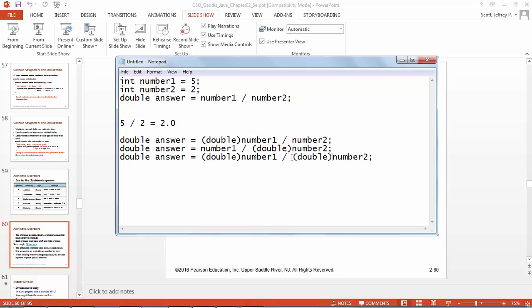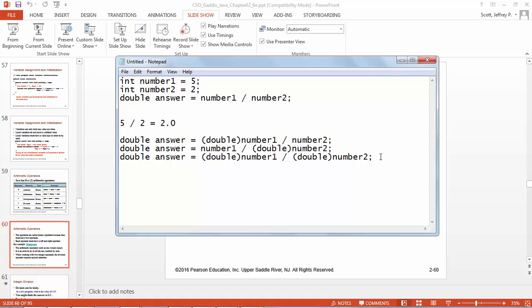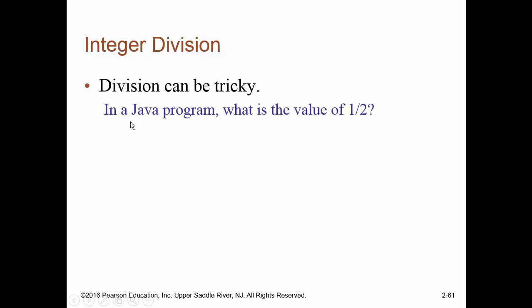Those three examples that are here are all going to say 5 divided by 2 equals 2.5. And there's their example of integer division.